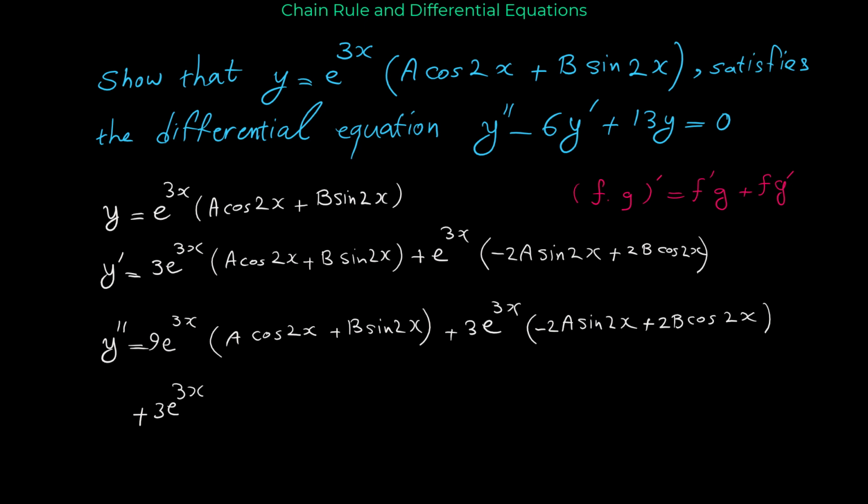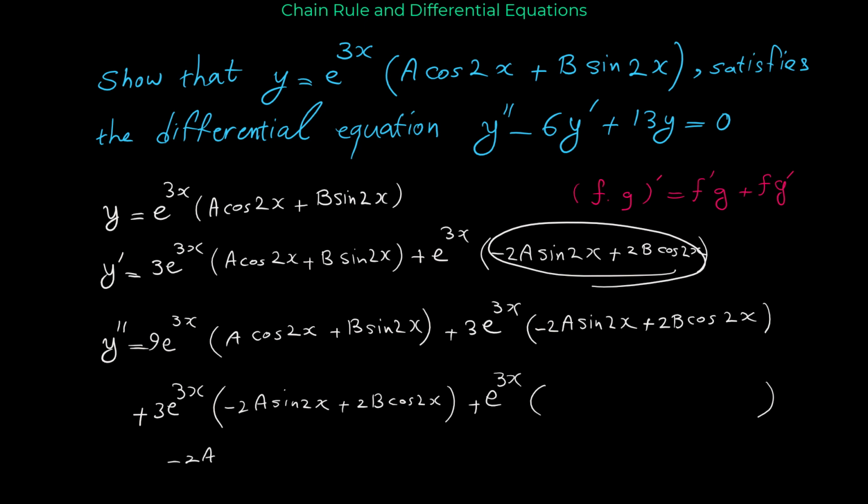It's always better to put the coefficient, the number, in front, times the second function itself, negative 2a sine 2x plus 2b cosine 2x, plus write e to the 3x and multiply this by the derivative of this.